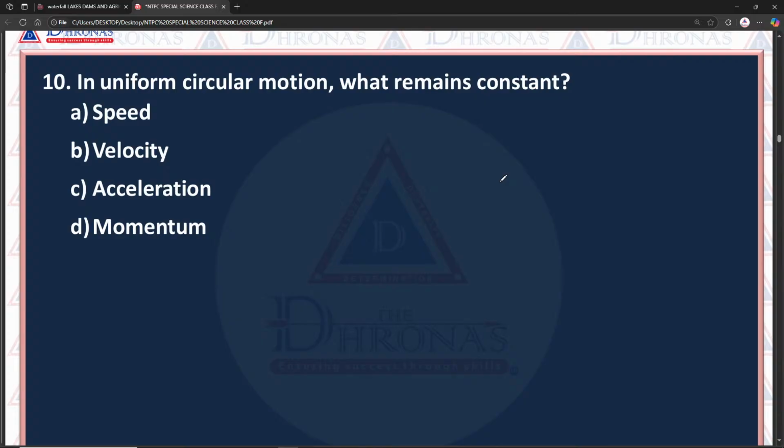Question number 10. In uniform circular motion, what remains constant? कोई भी circular motion में constant क्या होता है? What is constant? Your options are speed, velocity, acceleration, and momentum.